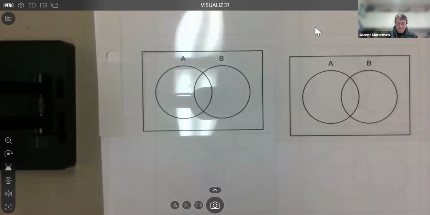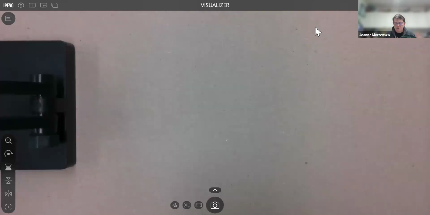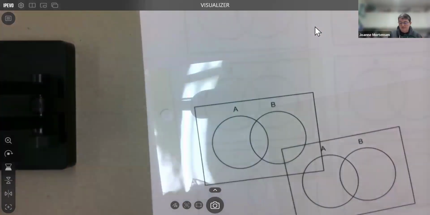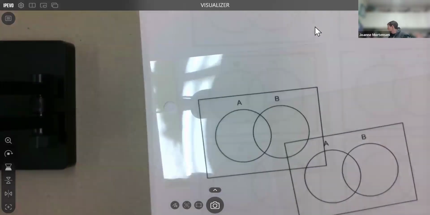Okay. This will do. We are going to draw A intersection B. I know you already know this. I just need some scrap paper. There we go, a spare piece of paper.